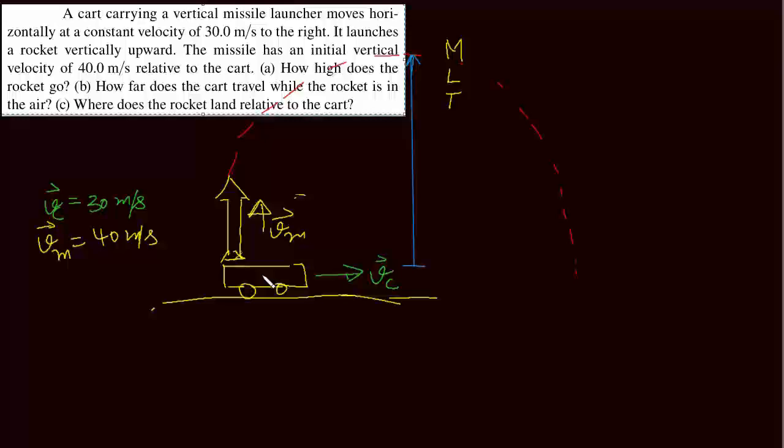We can calculate with respect to the cart. So this is H, and we have to find the height. That's question number 1. So let me write here the height you have to know.